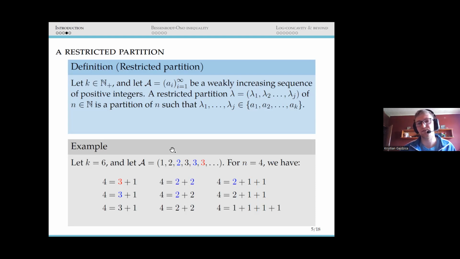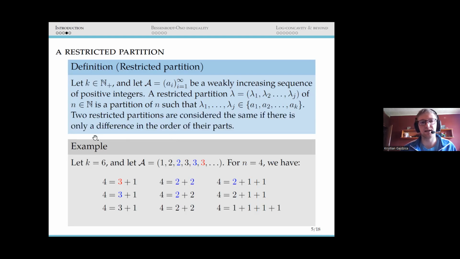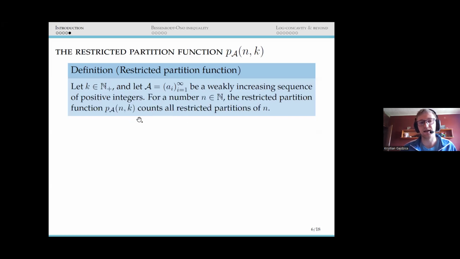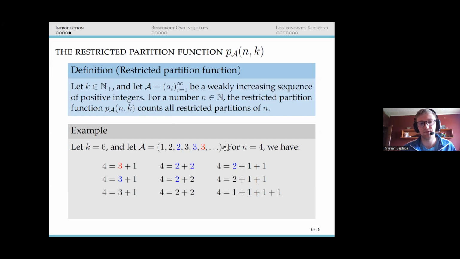We also demand that two restricted partitions are considered the same if there is only a difference in the order of their parts. So 2 in blue plus 2 in black is the same as 2 in black plus 2 in blue. Now we can define the restricted partition function, which enumerates all restricted partitions of n. In our previous example, p curly a of 4, 6 equals 9.